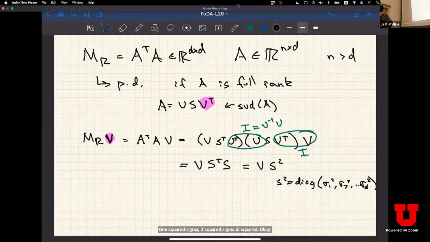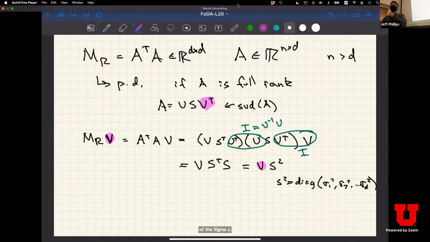Okay. Now I've got this set of vectors here on the right-hand side and on the left-hand side. And this diagonal matrix acts like scalars, because each of the sigma j squared multiplies just one vector here.